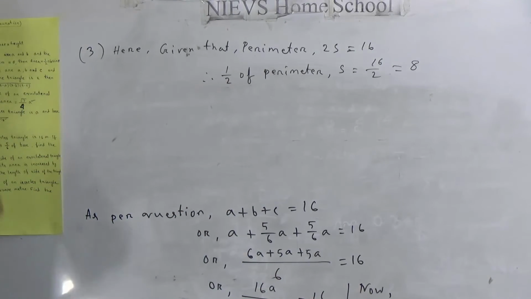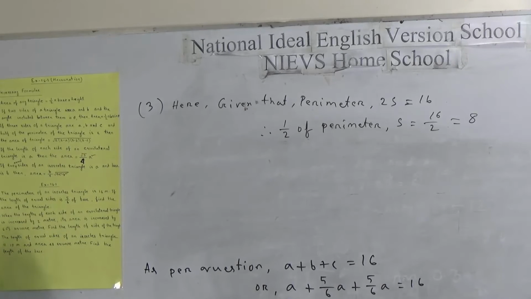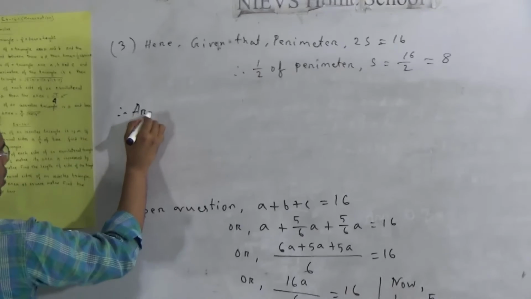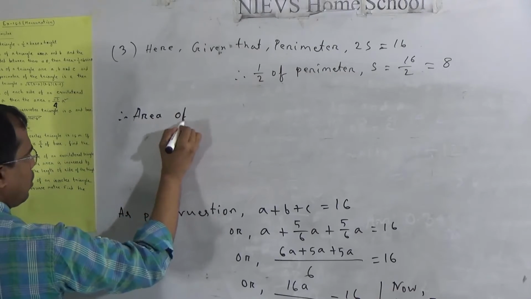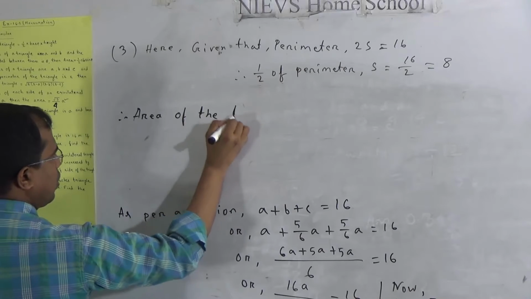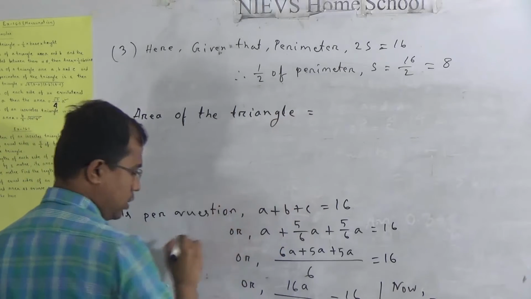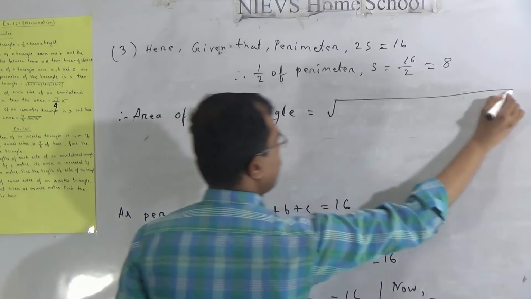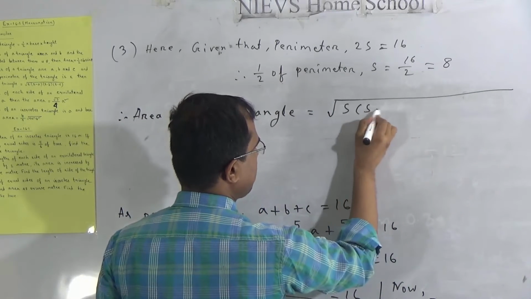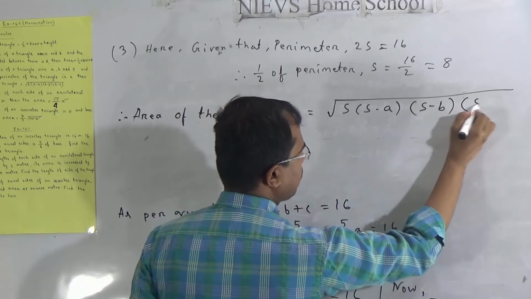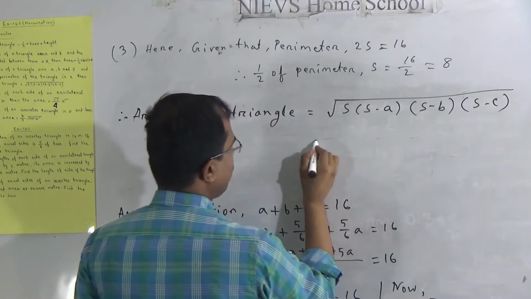Now using this formula, root over S into S minus A into S minus B into S minus C, we can easily find out the area of the triangle. Therefore, area of the triangle equal to, at first we will write the formula, S into S minus A into S minus B into S minus C. Now we will put the value.